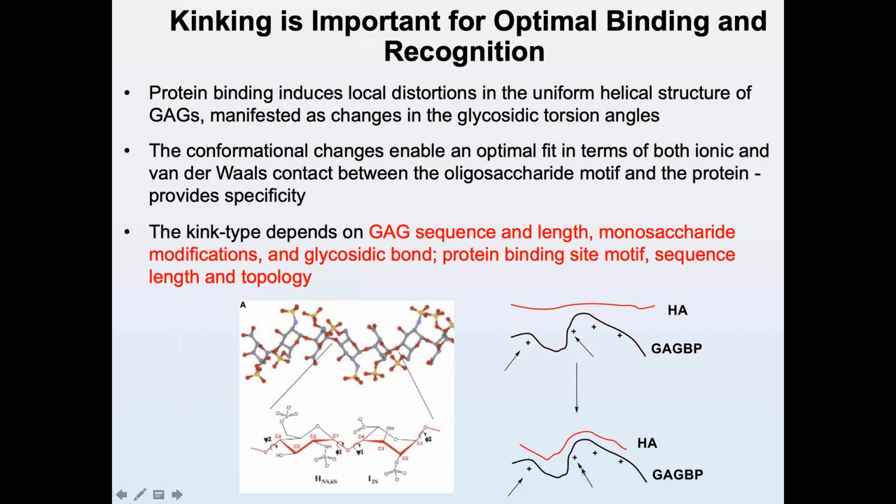If you don't have the right amino acid sequence at the binding site, or the right monosaccharide sequence in the GAG, you cannot induce the kinking. The kinking has to be induced for the GAG to fit nicely into the active site and to maximize interaction.